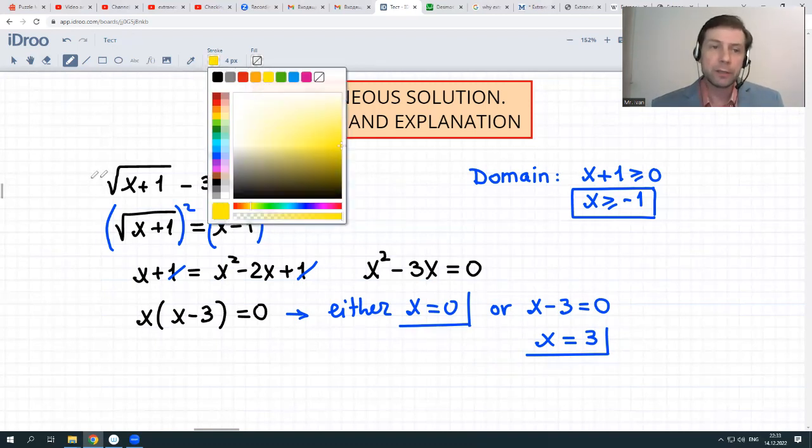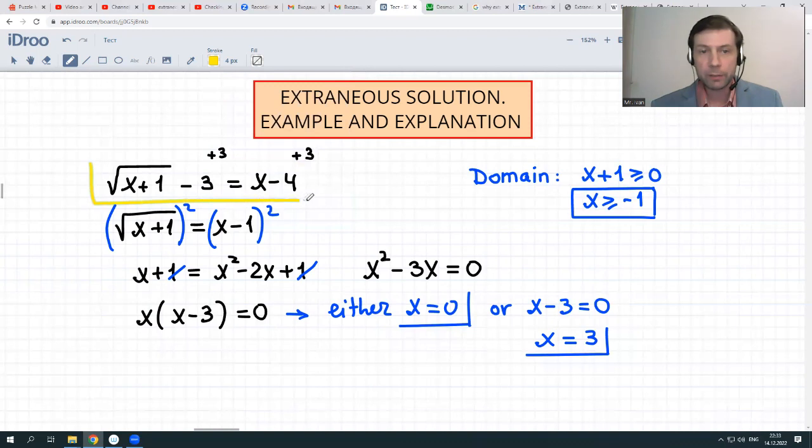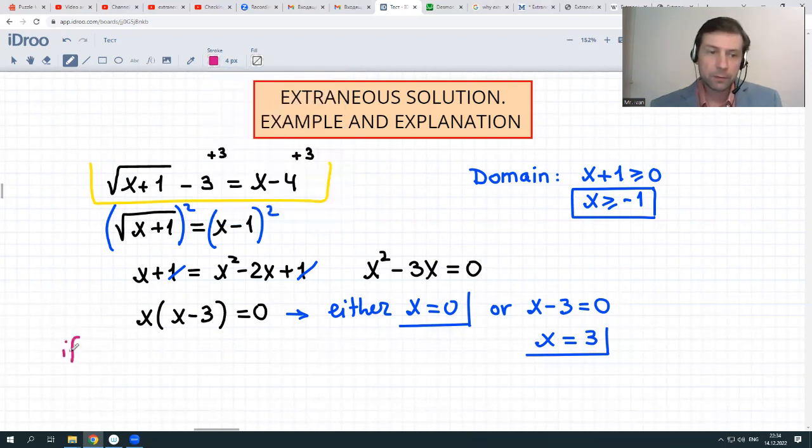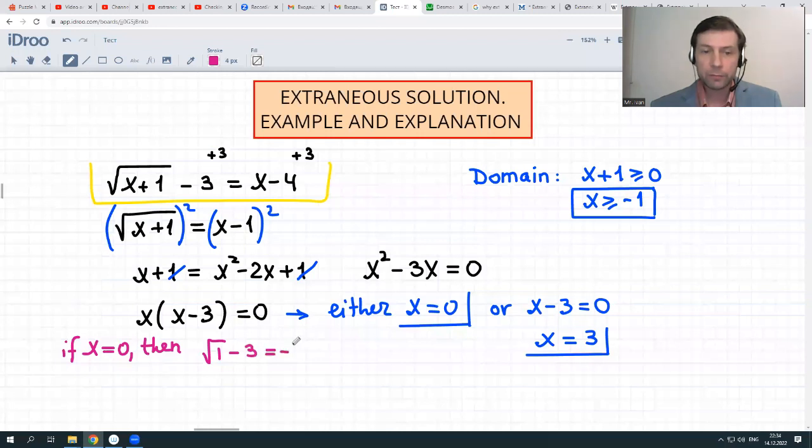The original equation is like this: square root of x plus 1, minus 3, equals x minus 4. Actually not. Because if we substitute 0, if x is equal to 0, then obviously the root of 1 is 1, minus 3 is equal to negative 4.